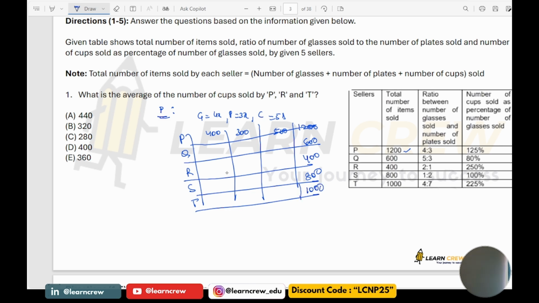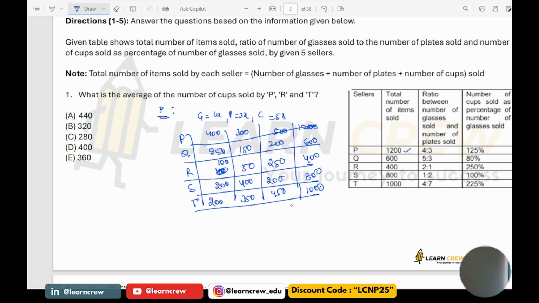If you simplify each value, the final figures for glasses, plates and cups sold by Q, R, S, T would be 250, 150 and 200, which is 600 total. For R, 100, 50 and 250, and for S, 200, 400 and 200. And for T, 200, 350 and 450.